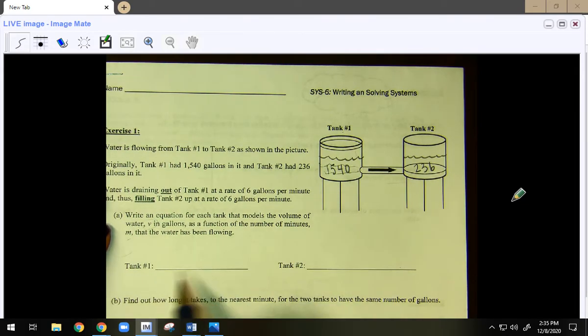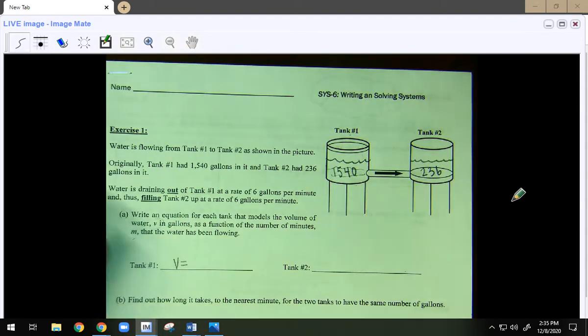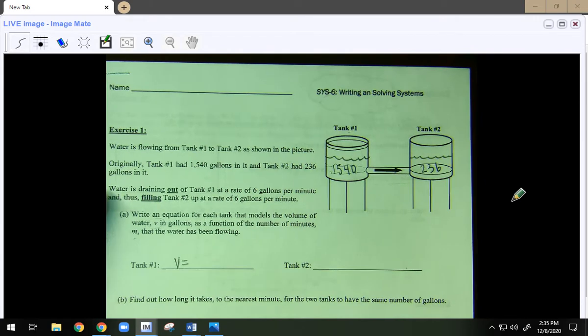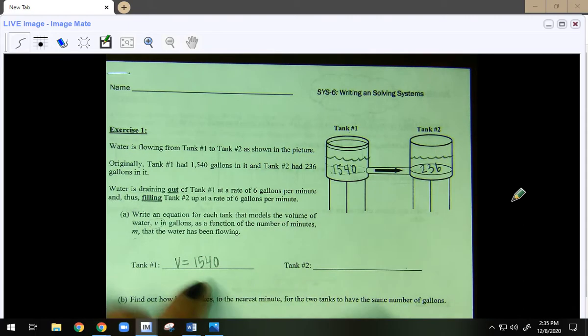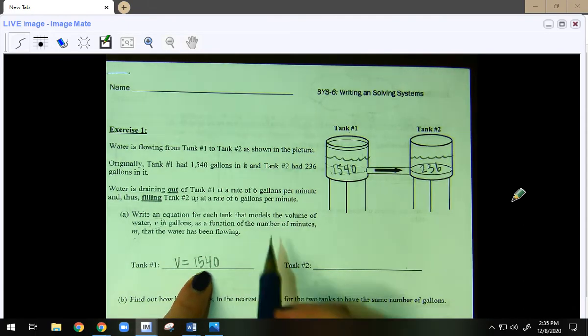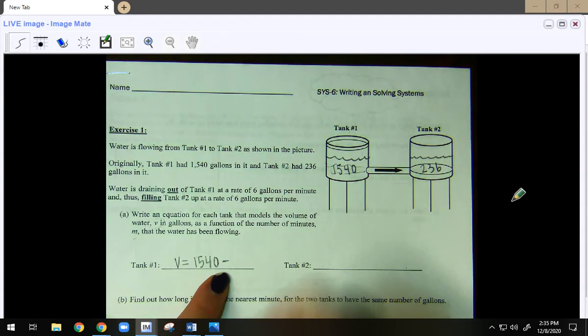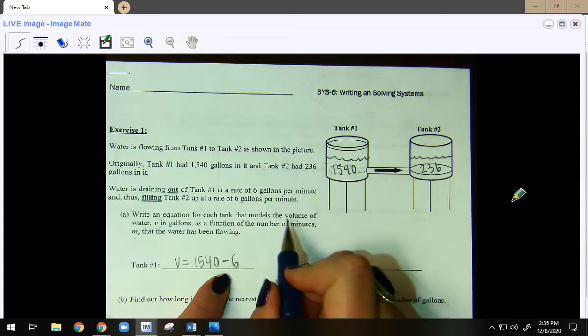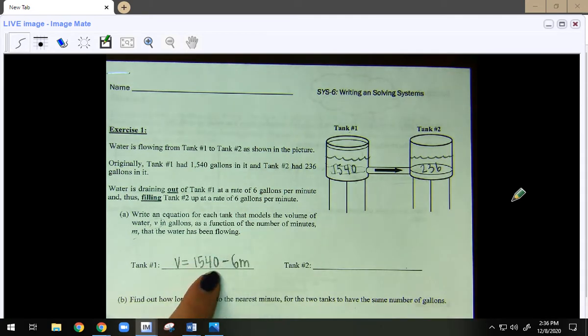So tank 1, here's my equation: I started with 1,540 gallons, and then it's losing 6 gallons per minute, so 6M. Starts with 1,540, loses 6 gallons per minute.